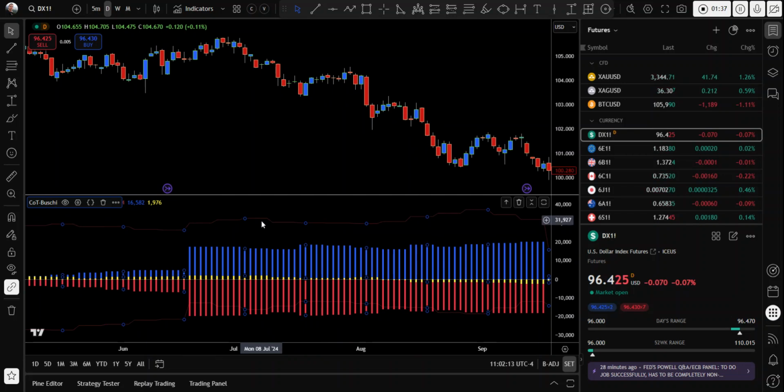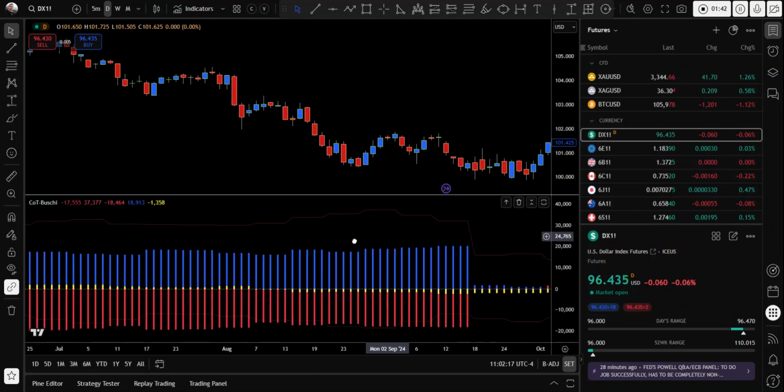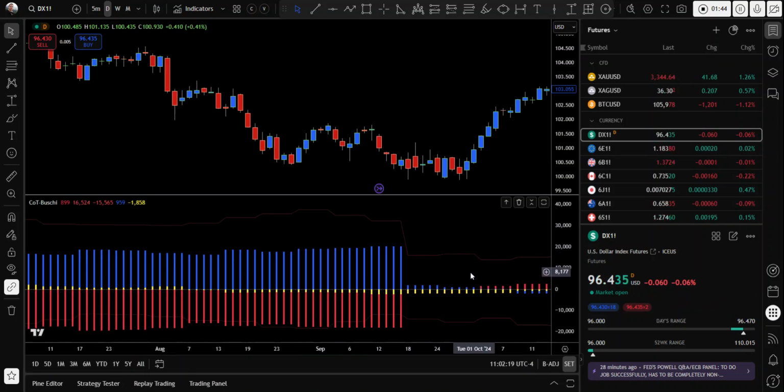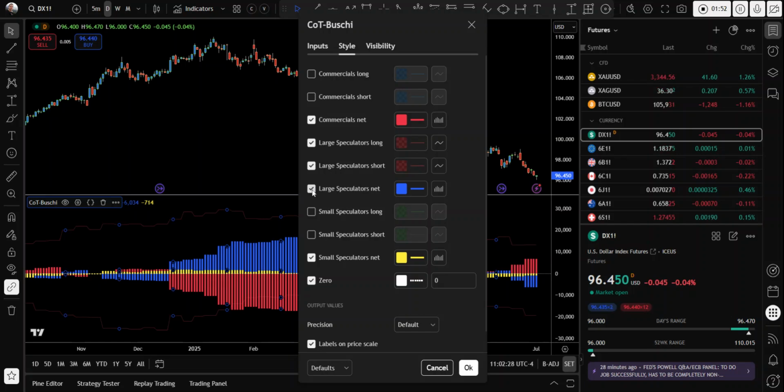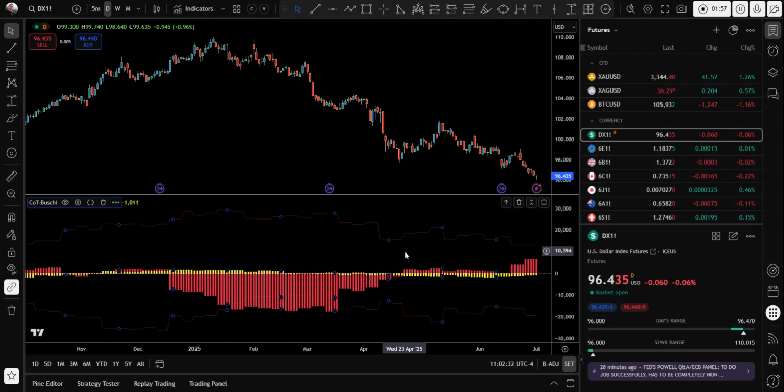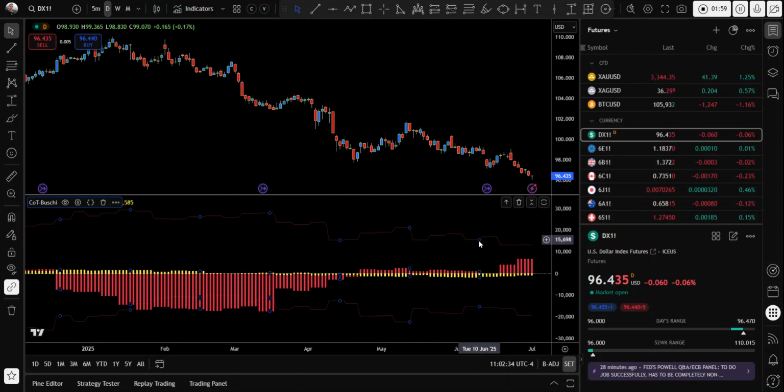So for example here, if I turn off the net positioning for a second, how do we get the net positioning? You see this number here, this is the long side, and this is the short side.